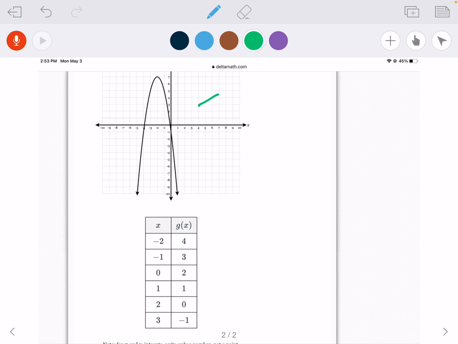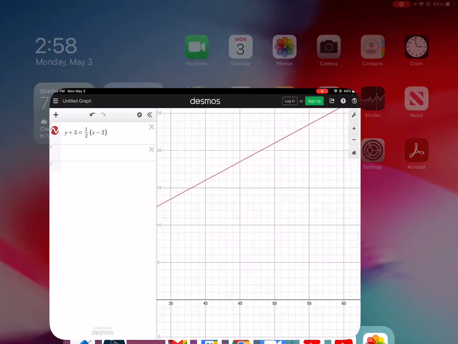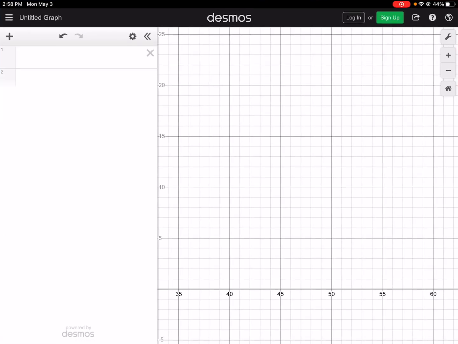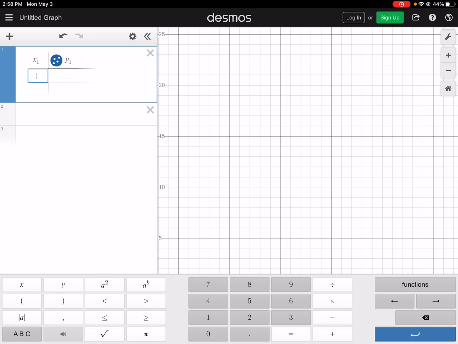My graph here is already graphed, so I'm going to put this table into Desmos. Remember to do that when you open up Desmos. I'm going to hit this plus sign and select table, and I'm just going to do my x's first. I'll come back and do my y values. It's easier for me to input this way on the iPad.